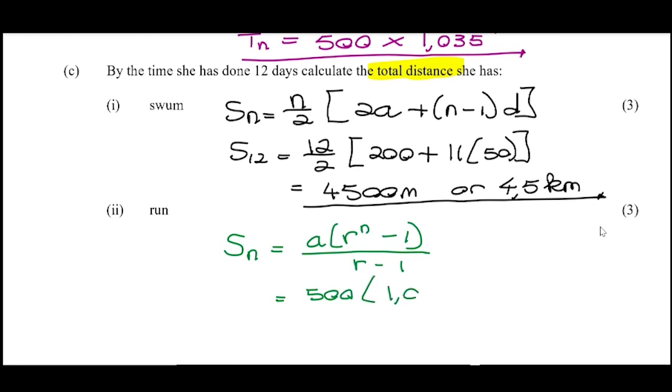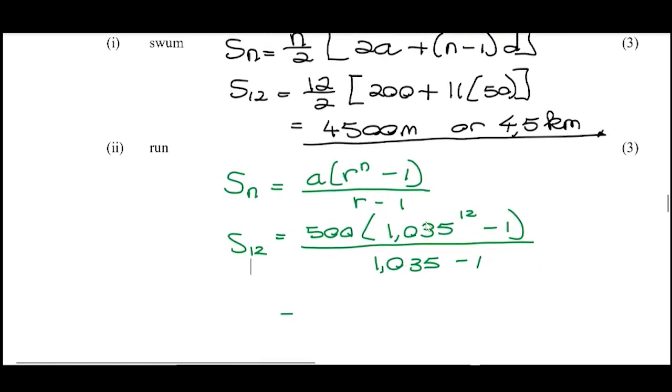R is 1.035 to the 12. We're talking about the total in 12 days, minus 1 over 1.035 minus 1. Okay, and that's the total distance in 12 days. And that actually comes to 7,301 kilometers. Okay.